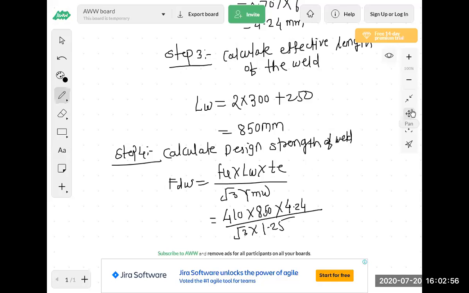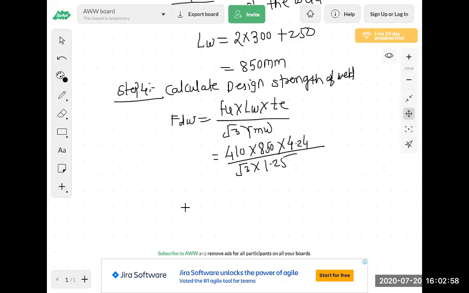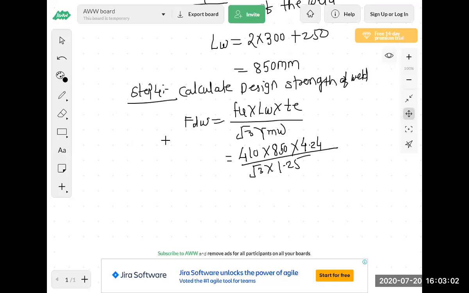So everything we have written, and now find the design strength of the weld.